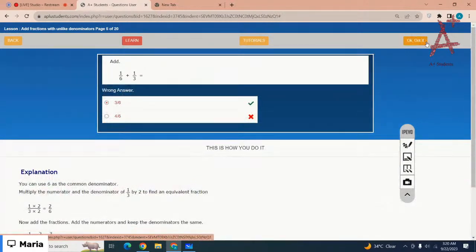Oh, 3 over 6. No. Yes, because you have to multiply the other fraction by 2. So 2 times 1 is 2, and 2 plus 1 is 3. That would be 3 over 6. Sorry, that would be 3 over 6.